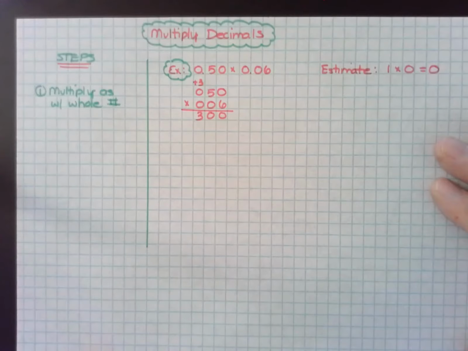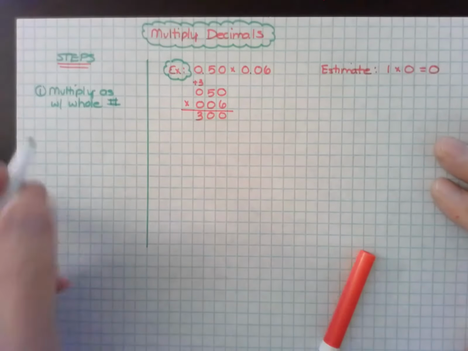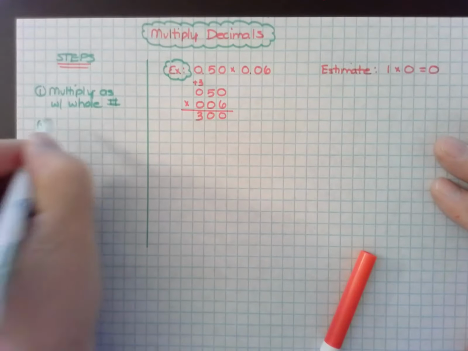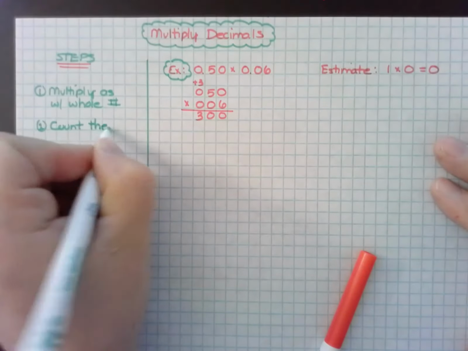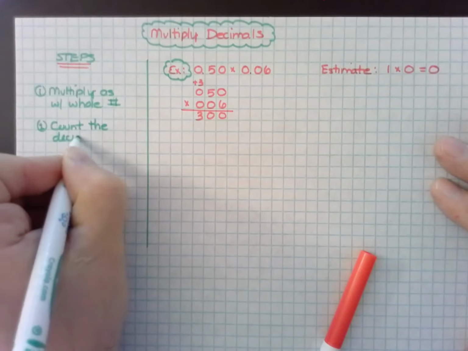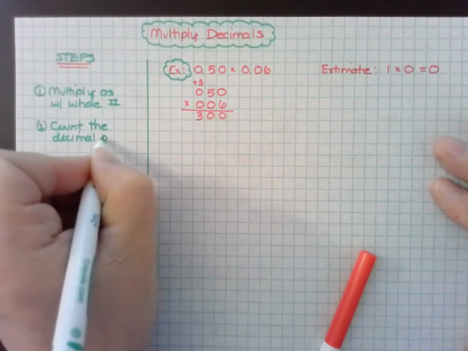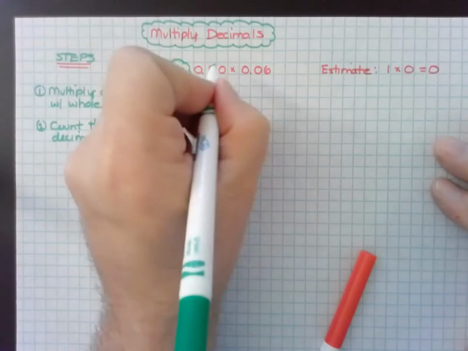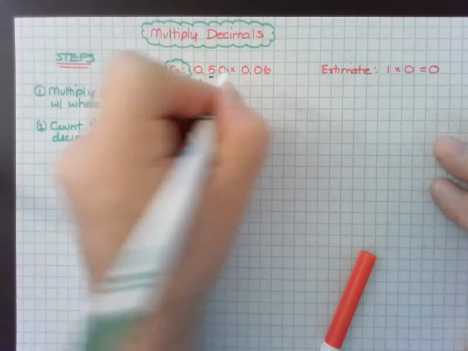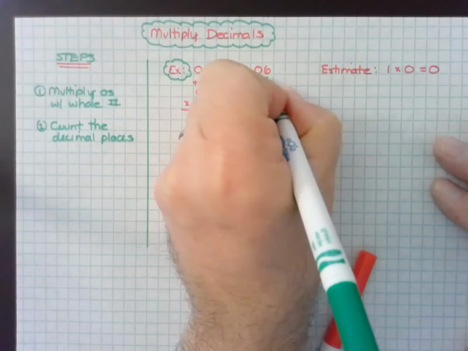So the second step is to count the decimal places. If I count the decimal places, I have 1, 2, 3, 4.